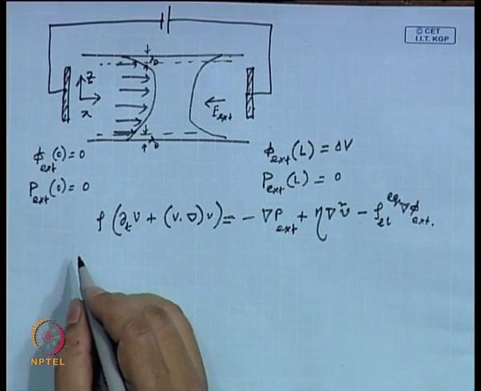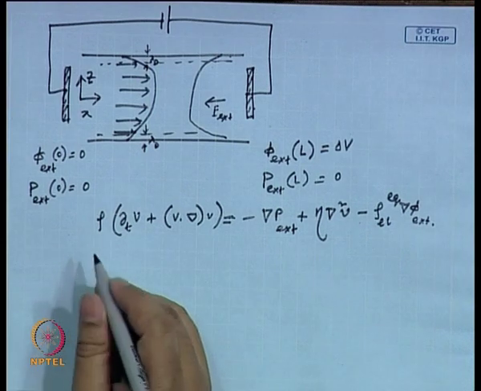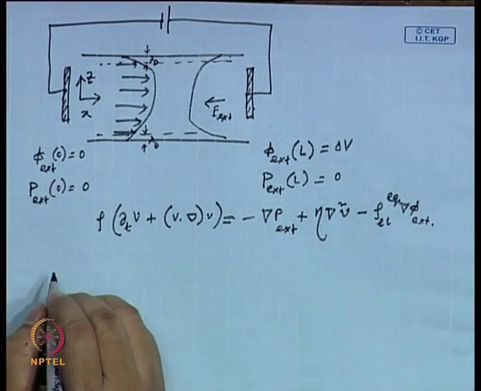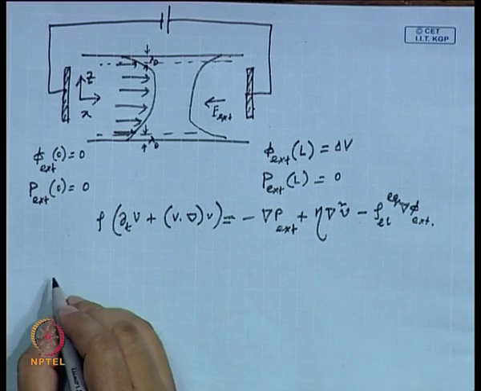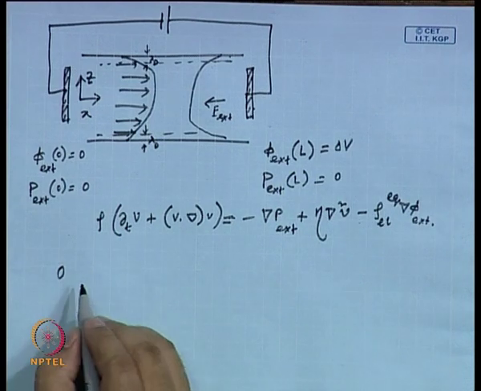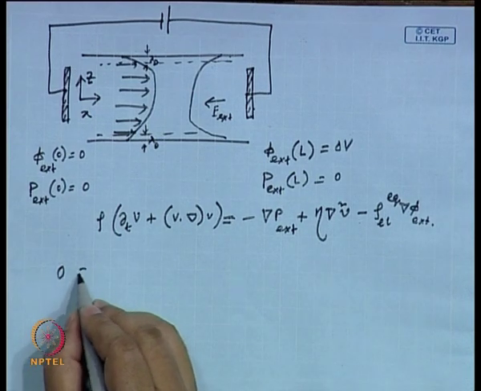Now, if you solve this for a one dimensional case, it would be something like this. Let me write the equation first, and then I find out what assumptions we have taken here.